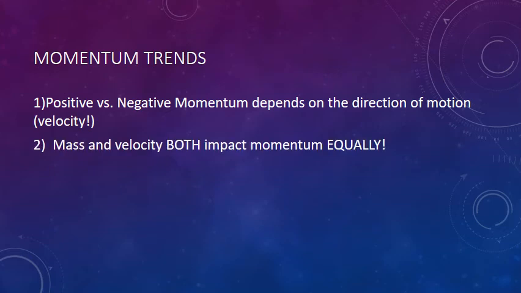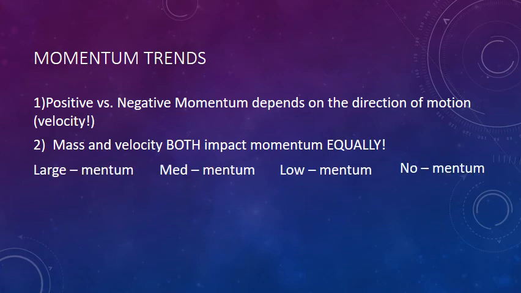A second trend and misconception that pops up every now and again is that you should realize that mass and velocity both impact momentum equally. So there's lots of ways to get big momentum: a lot of mass or a lot of velocity, or both, could give us a lot of momentum. If I look at a scale here from large momentum to no momentum at the far end, you'll notice that a big mass and a big velocity give us a lot of momentum.